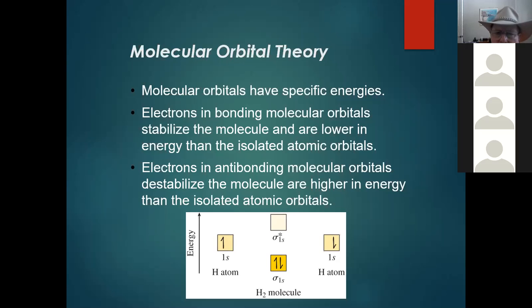The antibonding is going to have more energy than the bonding will. Again, I have started off with two atomic orbitals and I've made two molecular orbitals. I have two electrons. So by Hund's rule and Pauli's exclusion principle, they go into the orbital with the least amount of energy. So they both go into the sigma 1s bonding orbital.